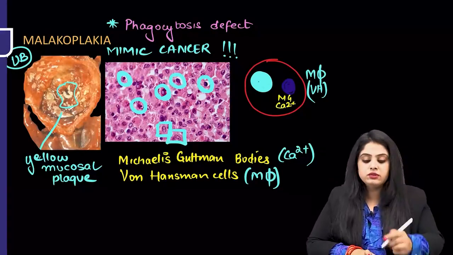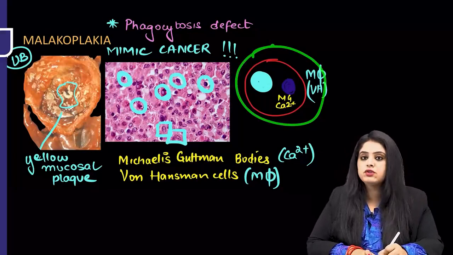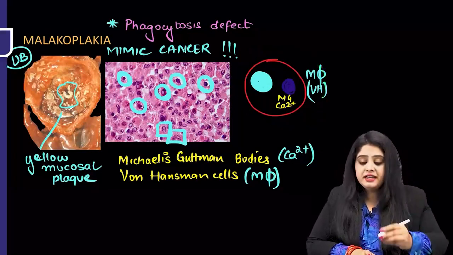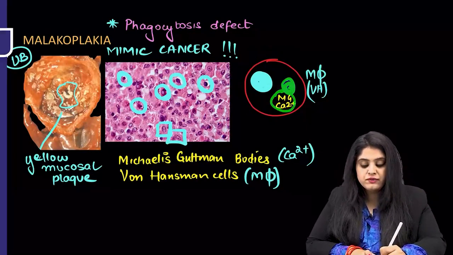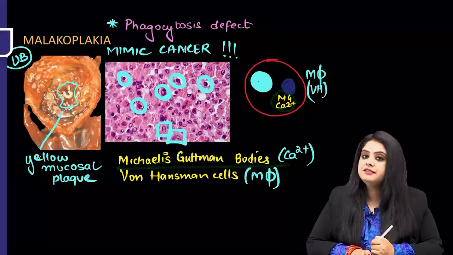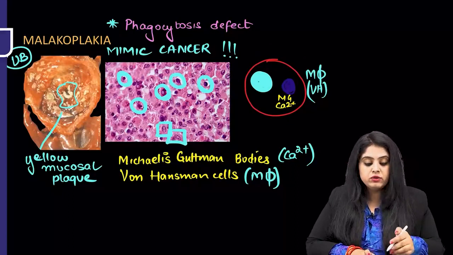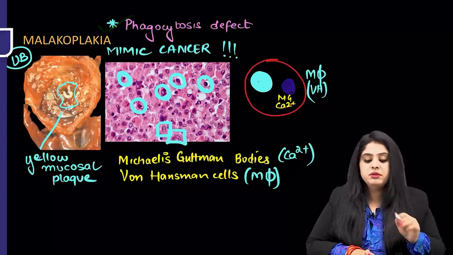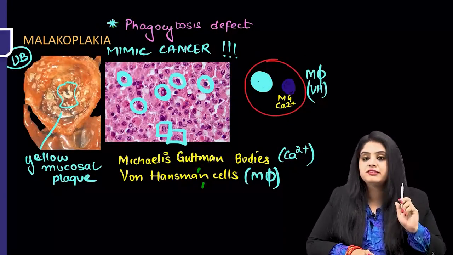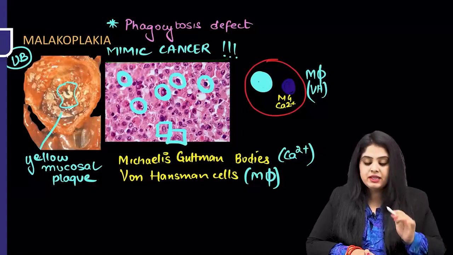Has everyone understood? So the full cell is known as the macrophage or the von Hansemann cell. Malakoplakia also done. I hope everyone's okay. So basically it's a phagocytosis problem. So calcium will be seen, von Hansemann cell will be seen. Clinically it will mimic cancer.